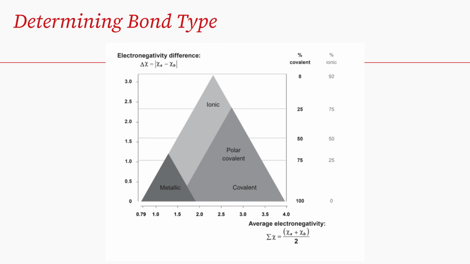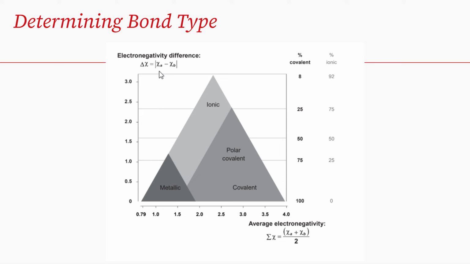To determine bond type, we have this triangle chart that will also be found in your data booklet that we can use to find out what type of bond is in each molecule that we are looking at. To do that, we look at the y-axis, which looks at the difference in electronegativity.